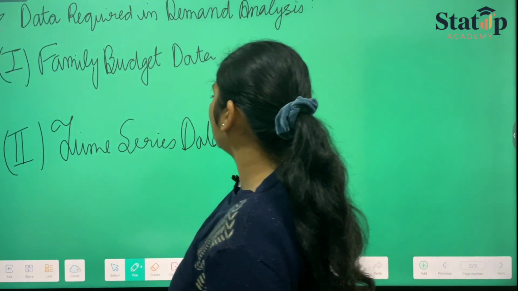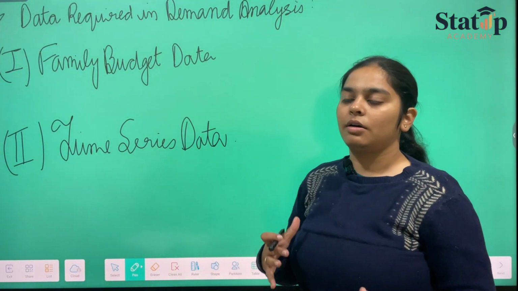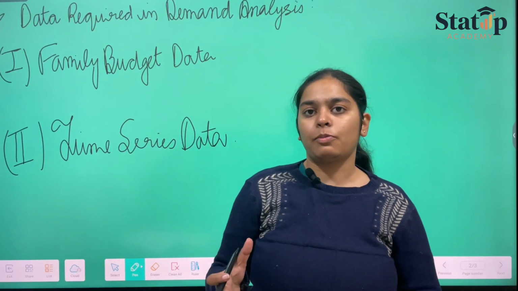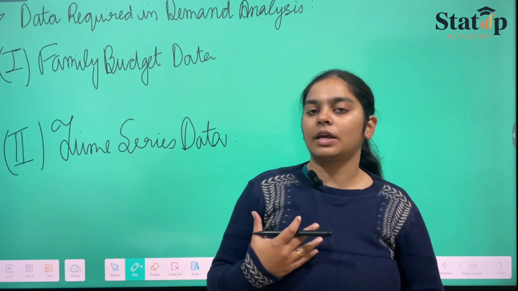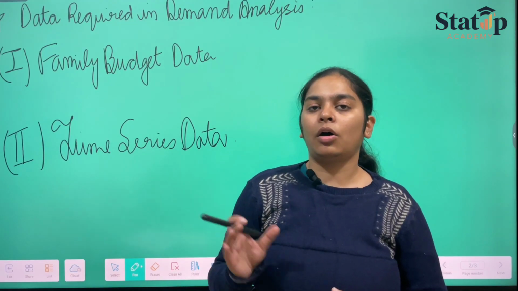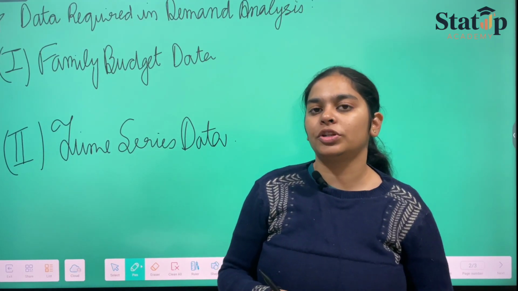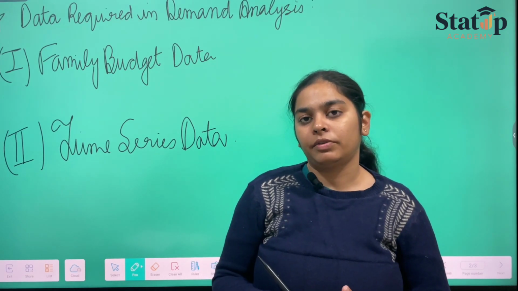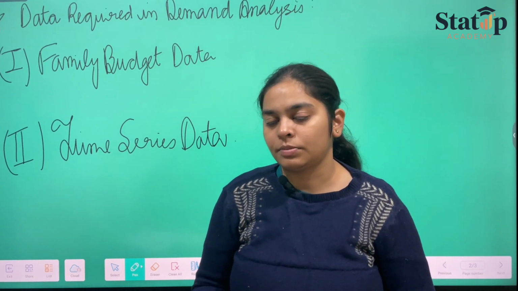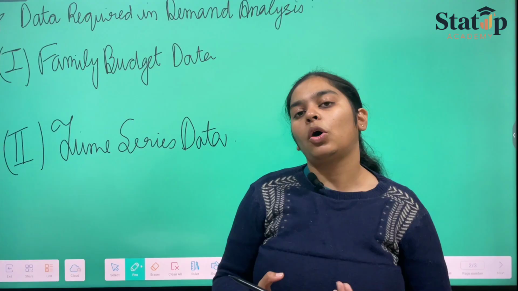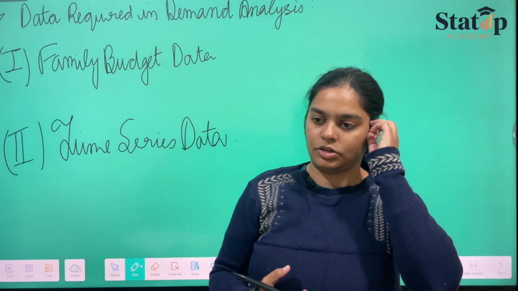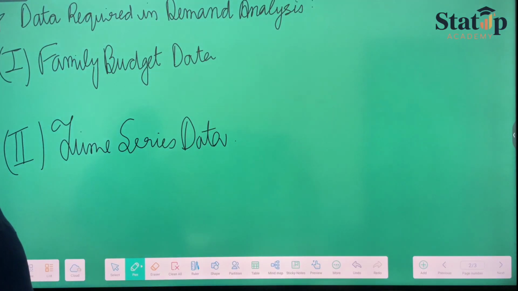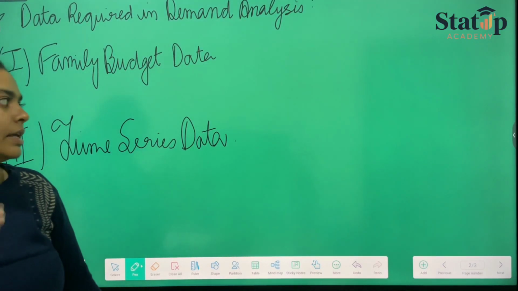Now, family budget data, what do we mean by that? Here we have the whole population of families. From that population, we select a sample of size small n, which contains homogeneous families, which may have an equal number of people, equal amount of income, almost equal expenditure, not exactly equal but almost similar kind of expenditure, family members, income, family size, social class, everything.